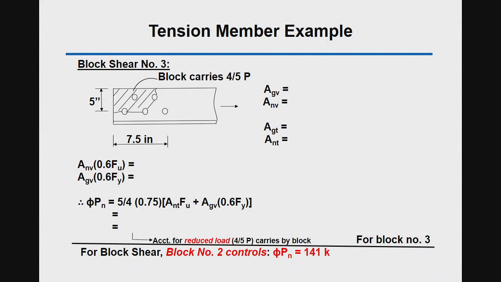the number 3 possible block shear. So there is one bolt left out in this shear block. So there's a difference. That means the block only carries 4/5 of P. Okay, so now AGV is going to be different, right?